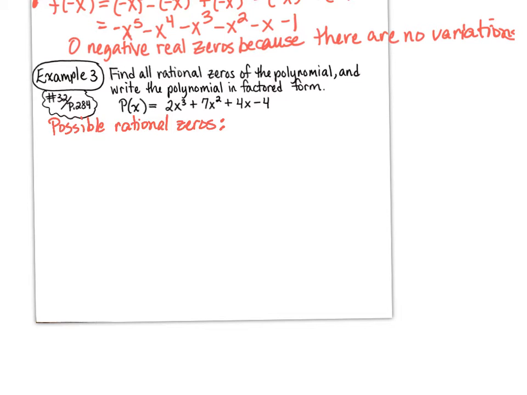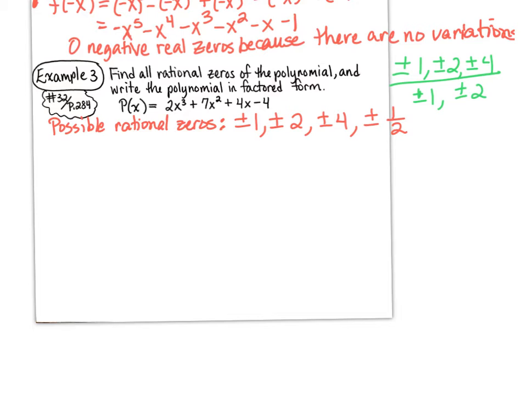So plus or minus 1, plus or minus 2, plus or minus 4, and plus or minus 1/2. Good. All right, so we have our possible rational zeros.